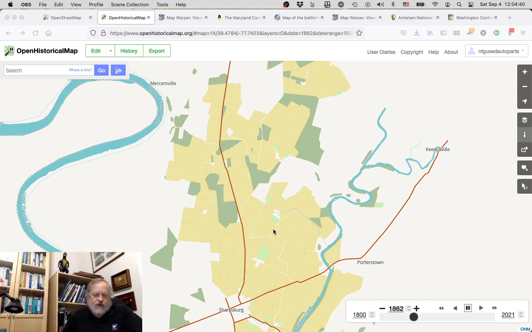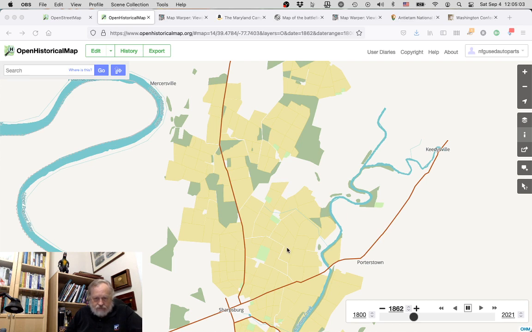So this on the screen right now is the current map of Antietam in OpenHistoricalMap. And you can see that we have surprisingly good, well, I don't want to say surprisingly good. I mean, I mapped this myself, and I'm going to explain to you how I came to map this.